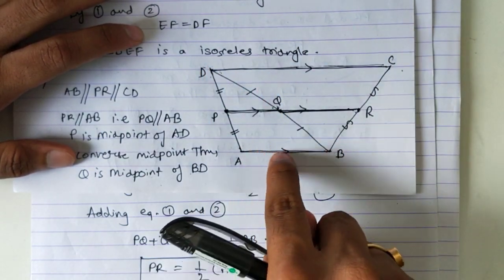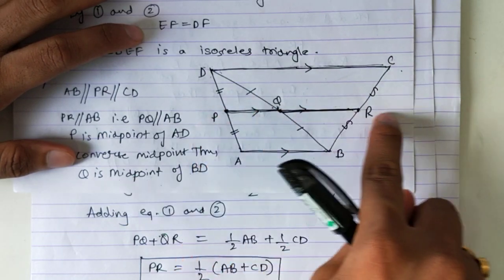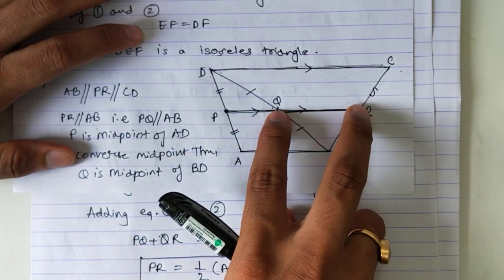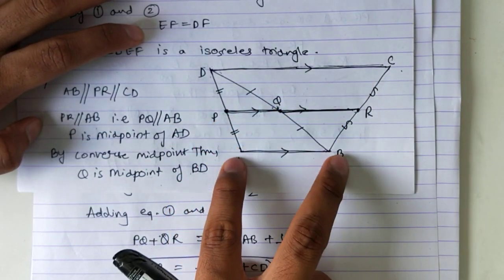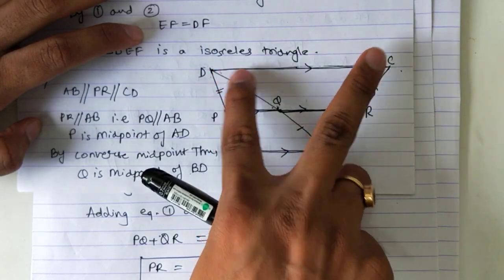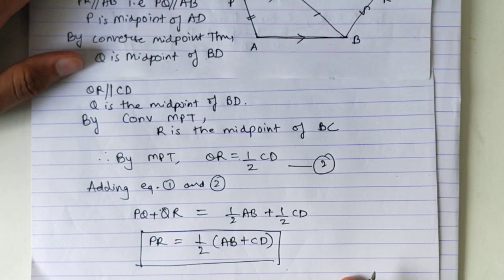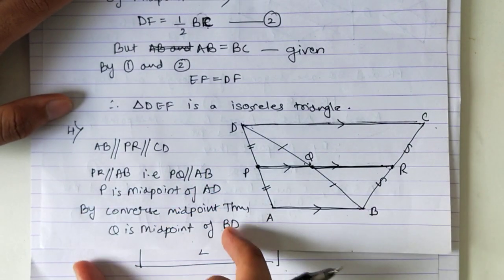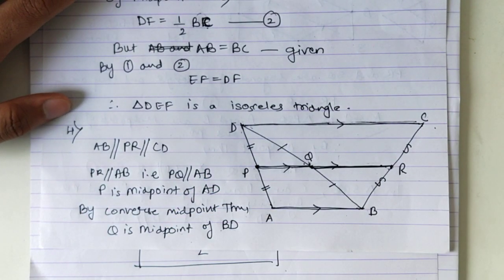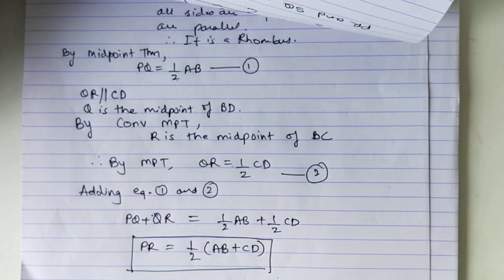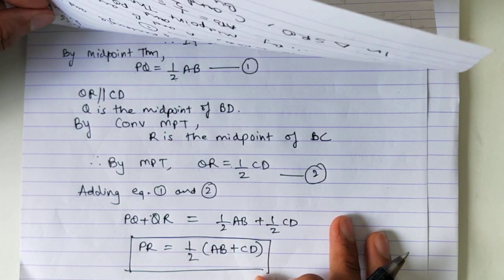So I came to know that I have to use these two triangles. And PR चाहिए था, तो PR PQ और QR से मिल रहा था. तो मैंने पहले PQ और AB का relation find किया, then QR और CD का relation, and then I added them. Okay. So first copy this part, draw the diagram, and then copy this part.